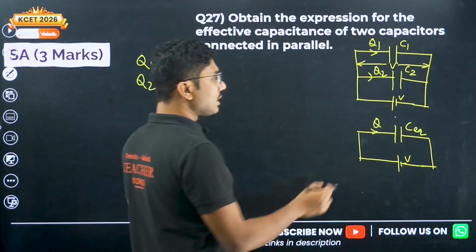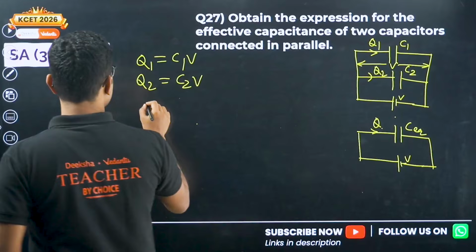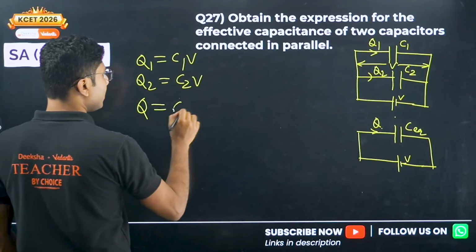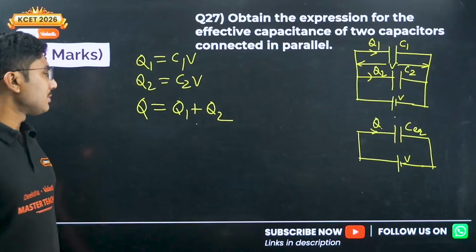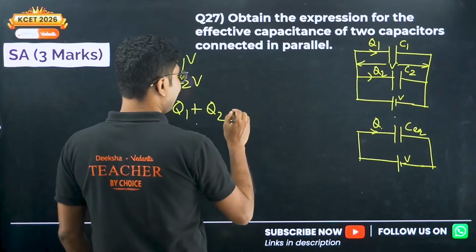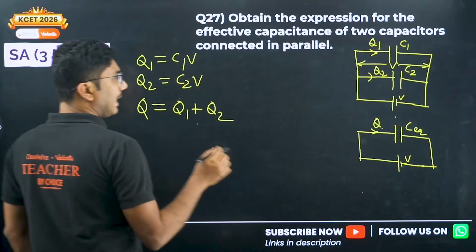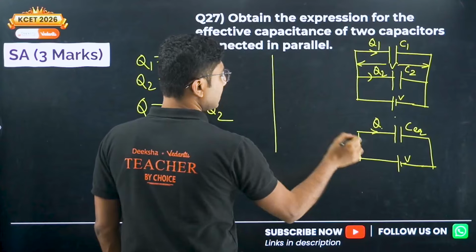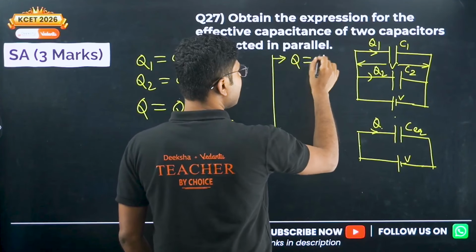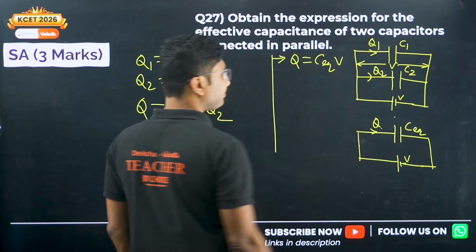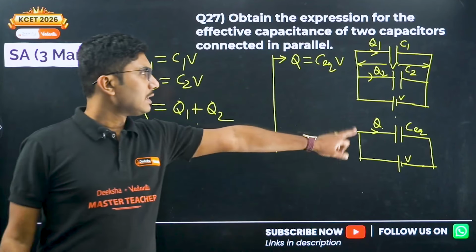Now what is the total charge Q? Total charge Q must be equal to Q1 plus Q2, right? So again for this circuit we can write that Q must be equal to C equivalent into V. This is for the equivalent circuit.